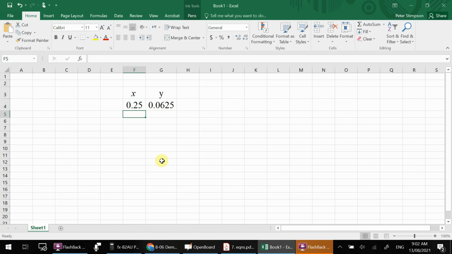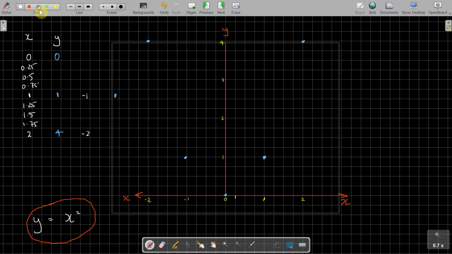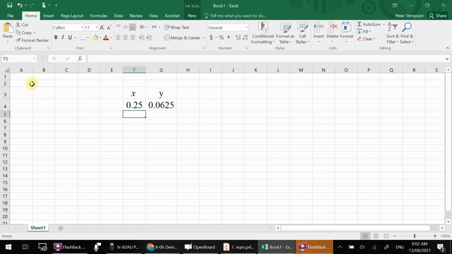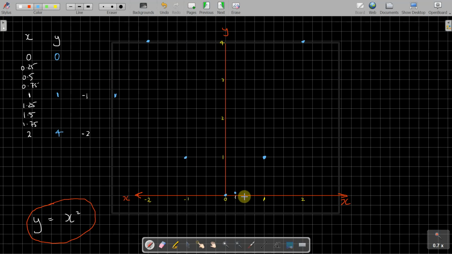What's that squared? 0.0625. So 0.25 is there, but going this way, that's not very high up at all, 0.0625, so that's about there. 0.5 squared: 0.5 times 0.5 is 0.25. So that's 0.5 there, and 0.25 is up here.